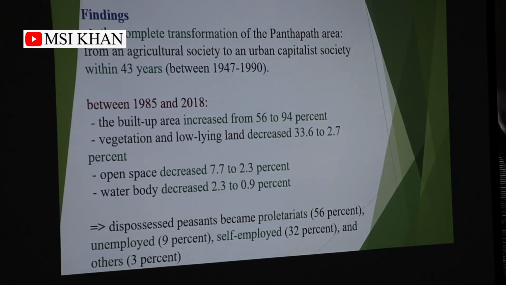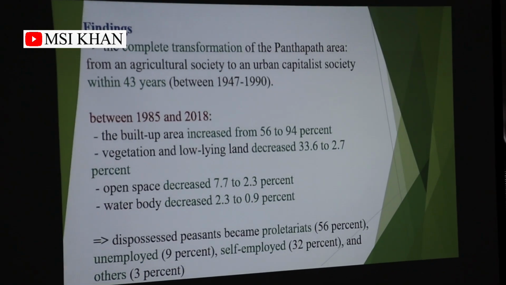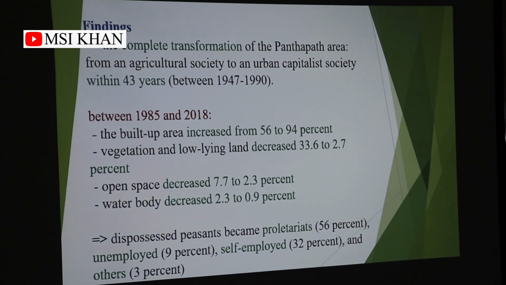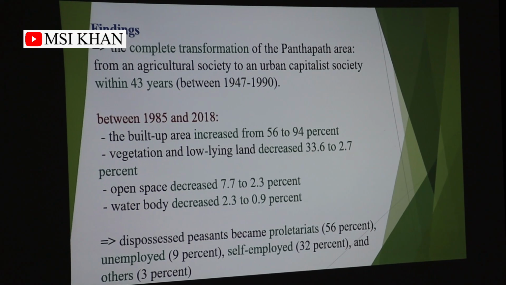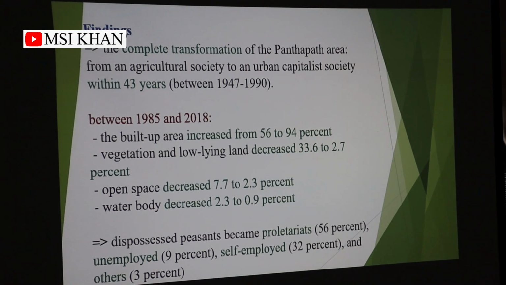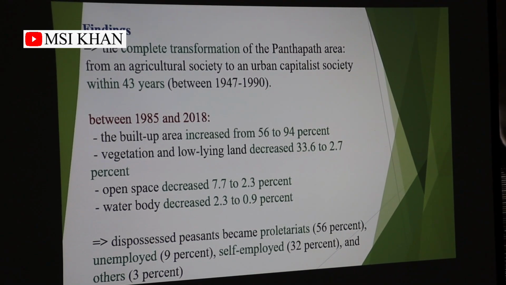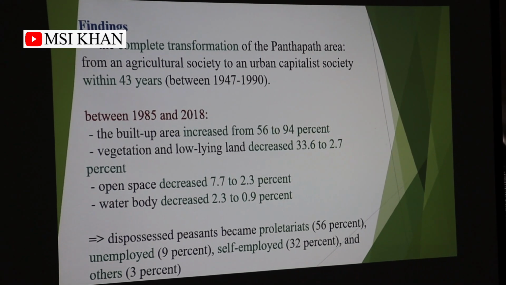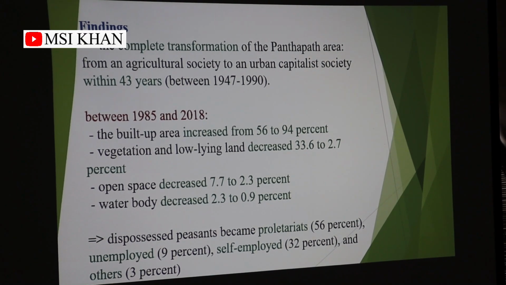And because of this, we can see a complete transformation over there. See some examples. Your built-up area increased from 56% to 94%. Vegetation and low-lying land decreased from 33 to 2.7%. It is a sharp, almost entire decrease.